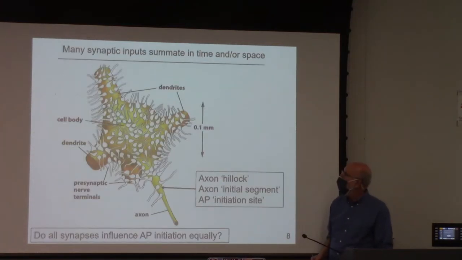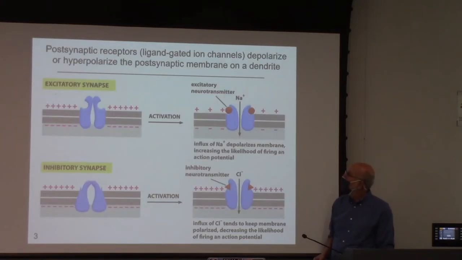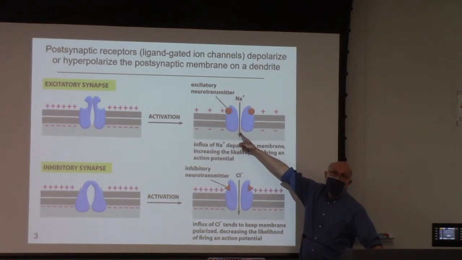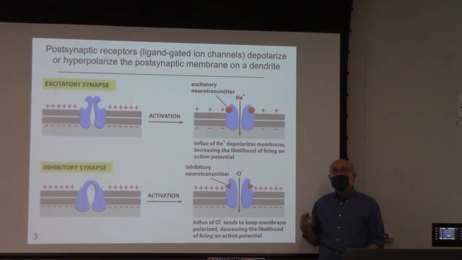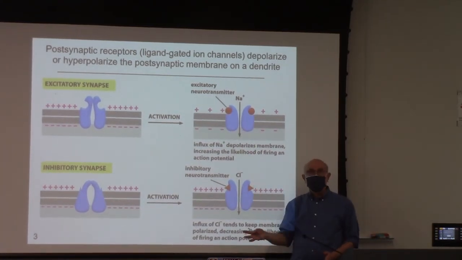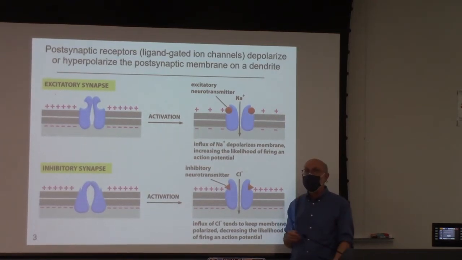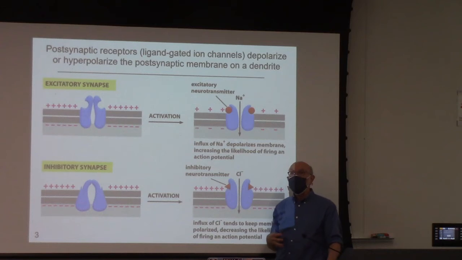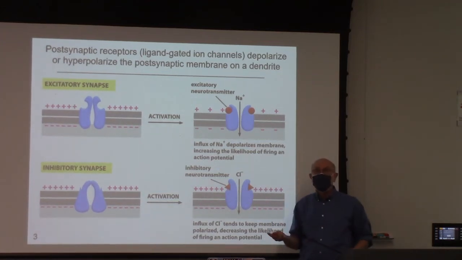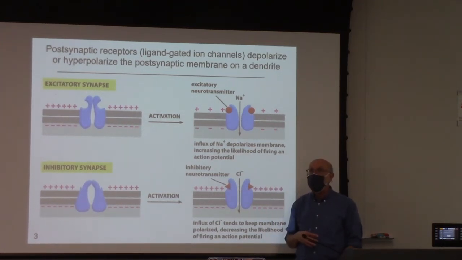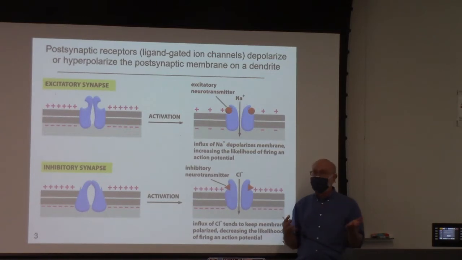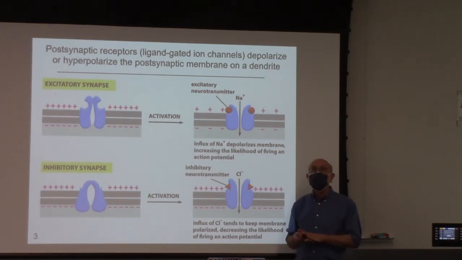A GPCR does not do this. But there are channels that are coupled downstream of G proteins. So GPCRs can trigger IPSPs or EPSPs depending on what their alpha subunits work with, or what their beta gamma complex is coupled to.